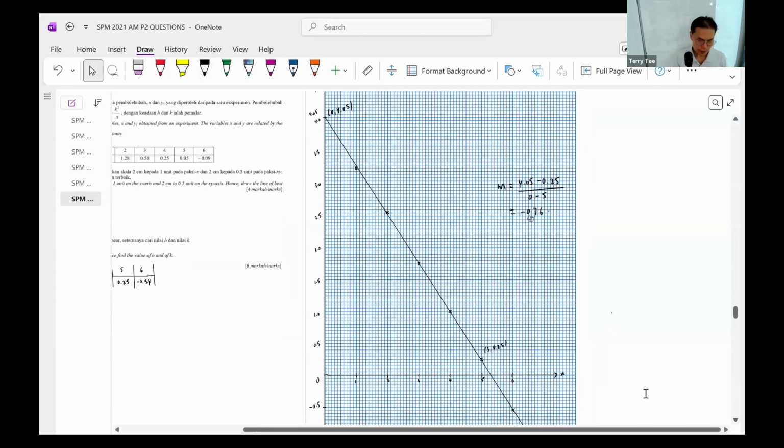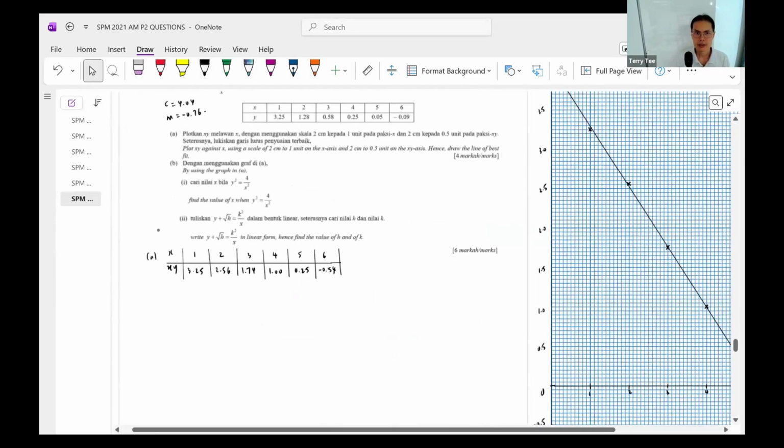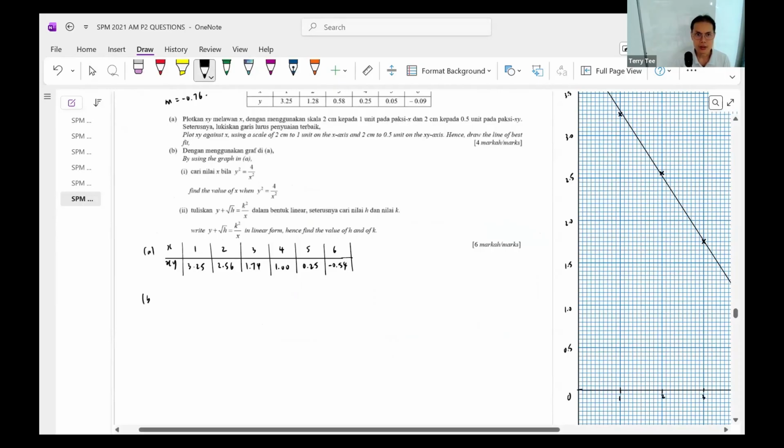Right. So with that, I'm going to calculate the value of the unknown. But first the question says, use your graph to find the value of x. This is B Roman 1 when y square equals 4 over x square. So y square equals 4 over x square, right?